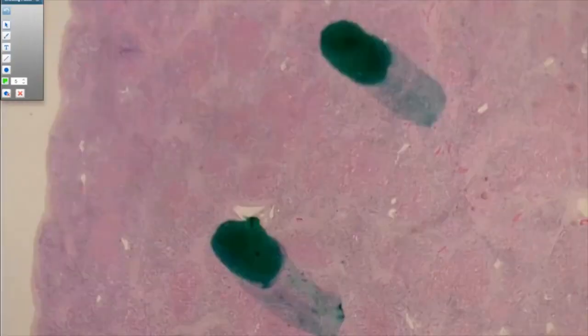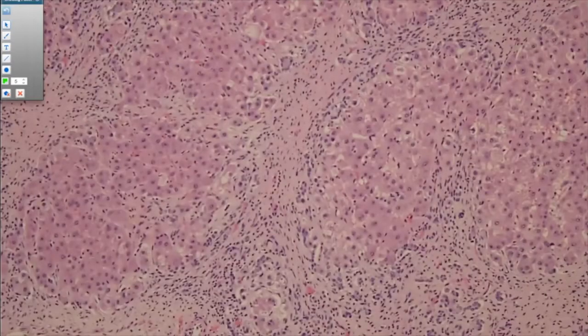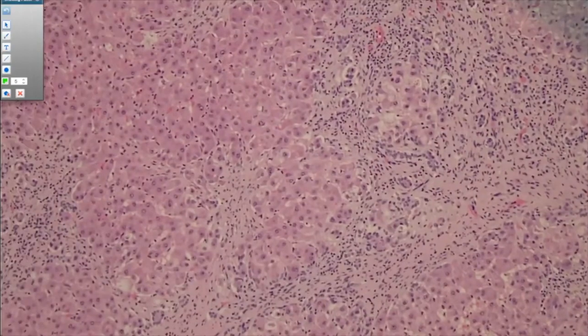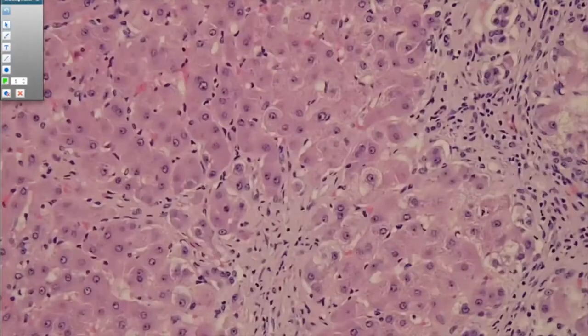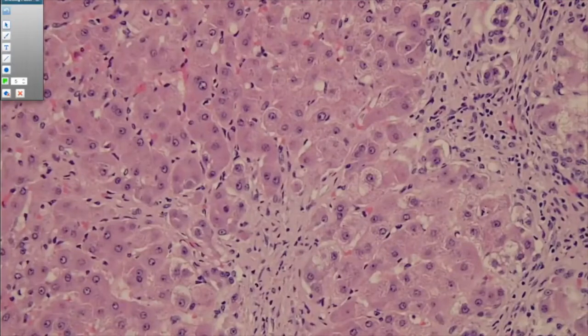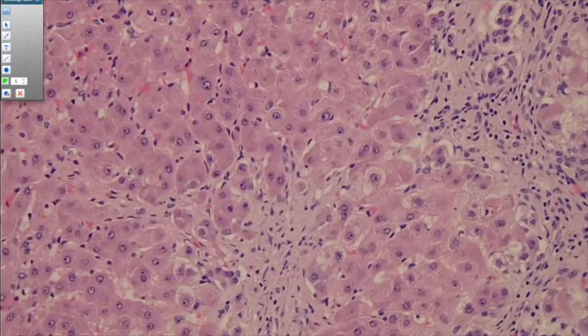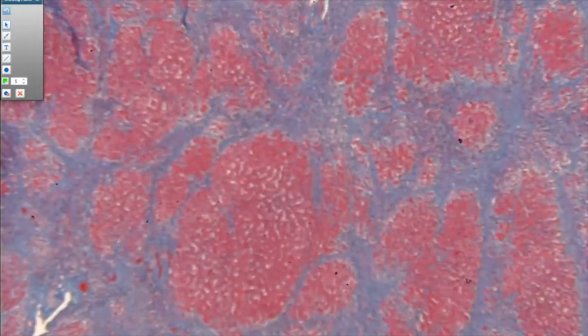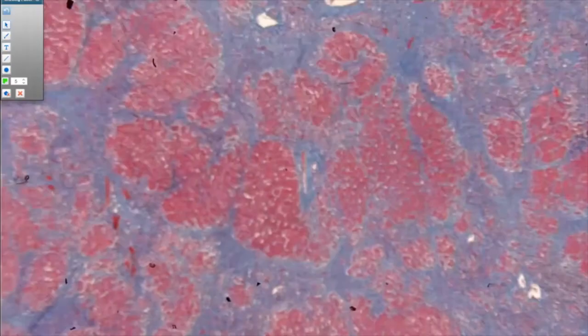I marked here because I found a Mallory-Denk body here. The fat is gone, and the Mallory-Denk body is gone, so it's very difficult to say this is alcohol-related liver injury. But this is an example of chronic alcohol liver injury, and the trichrome stain shows nice micronodular cirrhosis like this.